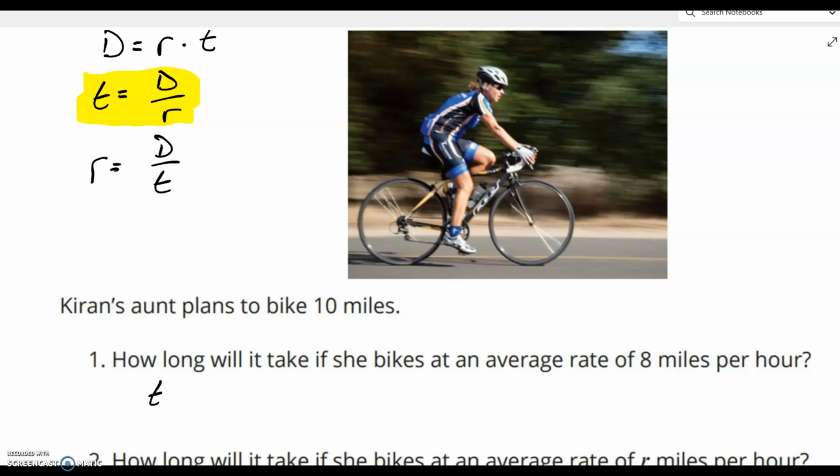So I know that the time is going to be how far she travels, which is 10 miles, and she's traveling 8 miles an hour, and I just do a very simple 10 divided by 8 in the calculator, and I get it will take her 1.25 hours if she travels 10 miles at a rate of 8 miles per hour.